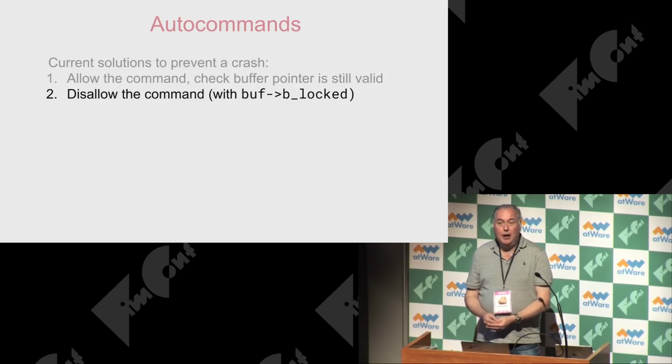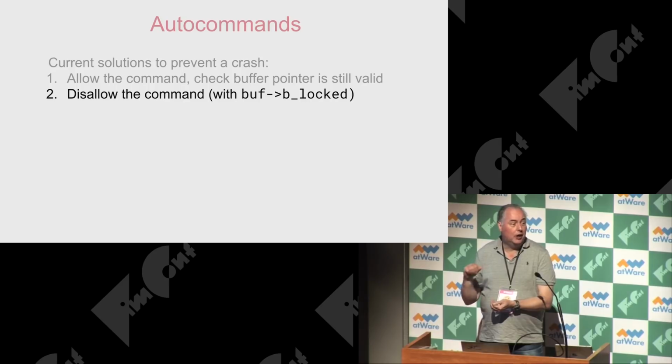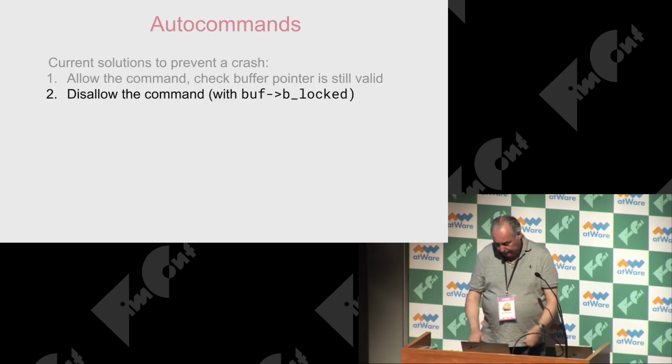Another way is to say, well, in this auto command block, I do not want this buffer to be deleted or touched. And so there's a flag that says this buffer is locked, so you cannot wipe it out. This is especially used in places where you are going to delete a buffer. And then you say, well, no auto command should touch this.